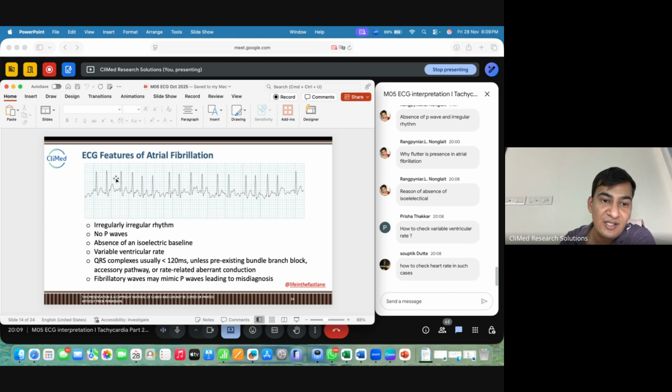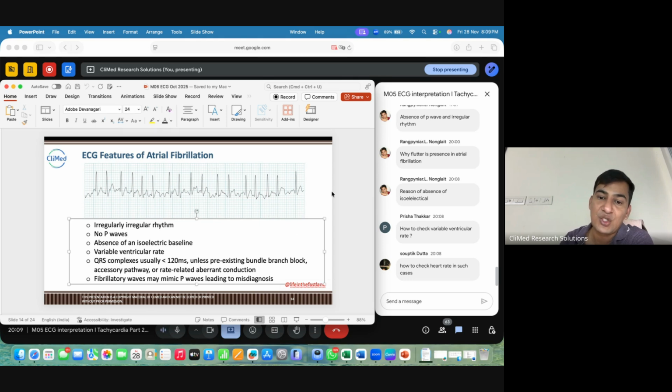This is around 150. This is 300. This is more than 300. This is around 150 to 160. This is around 200. This is around 250, 230. This is around 200. This is more than 300. This is variable ventricular rate, in the RR intervals.